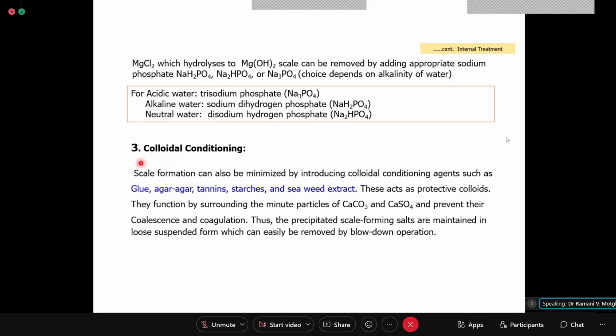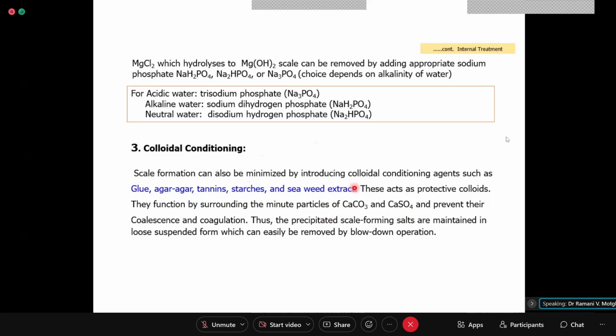Then the third type of compound that can be added is termed colloids. Colloidal conditioning should be optimum, because the basic principle is that the colloidal conditioners go and encapsulate the precipitate formed. It allows formation of a precipitate, but the precipitate particle is covered by glue or agar-agar or tannin, starch or seaweed extract.